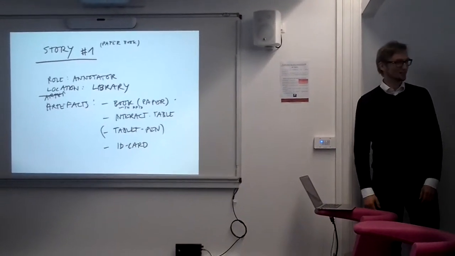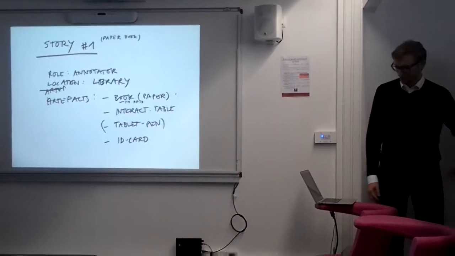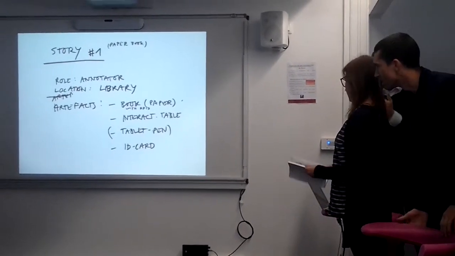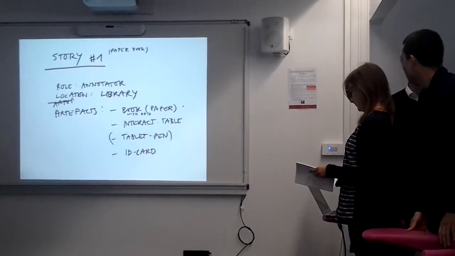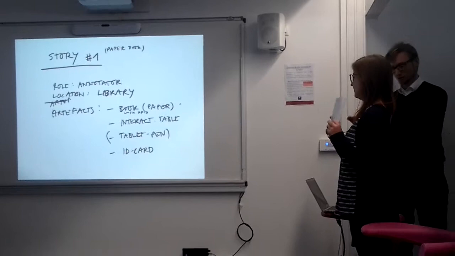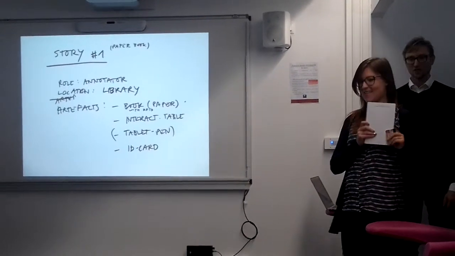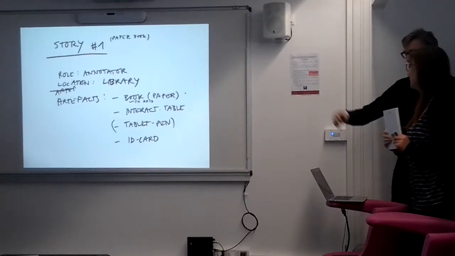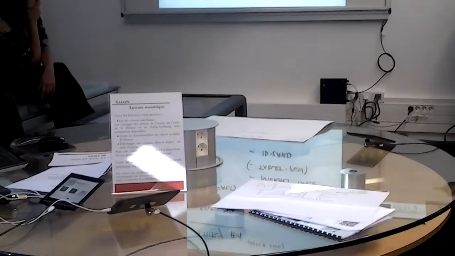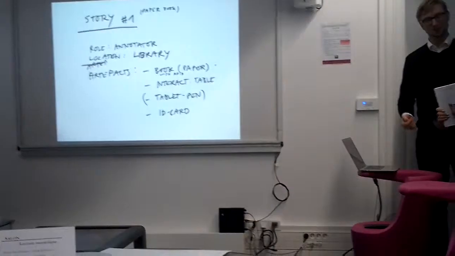I would need the annotator. That's me. And in that case we need the library. Well, we are in one. And we need some artifacts, which is a book. And then we counted on an interactive table, which is not programmed accordingly yet, but could be.